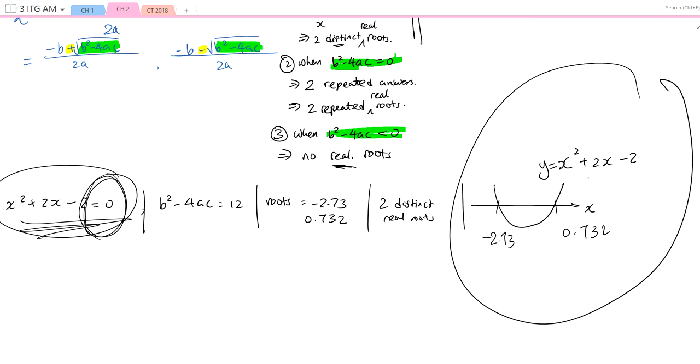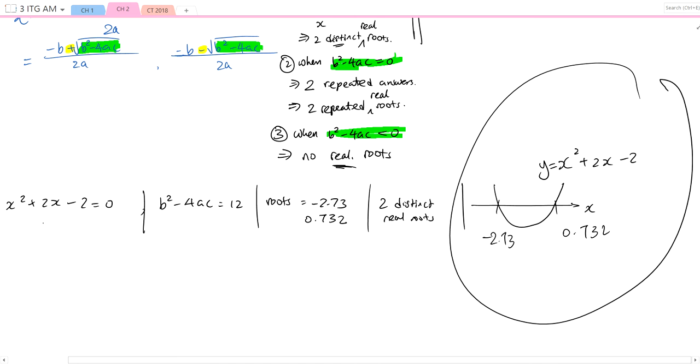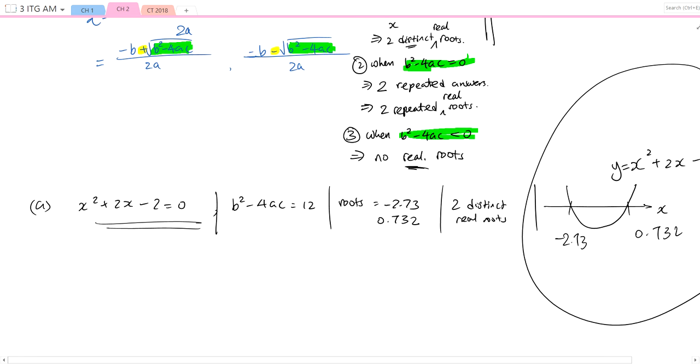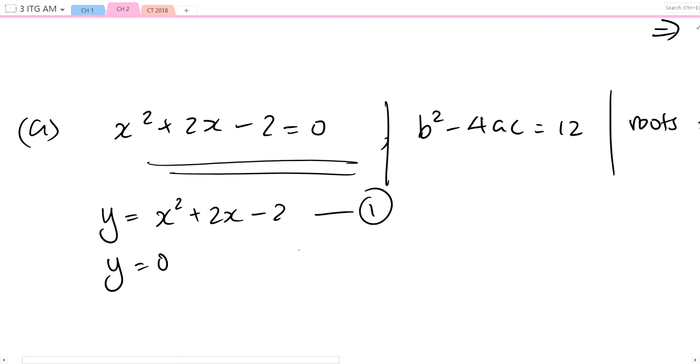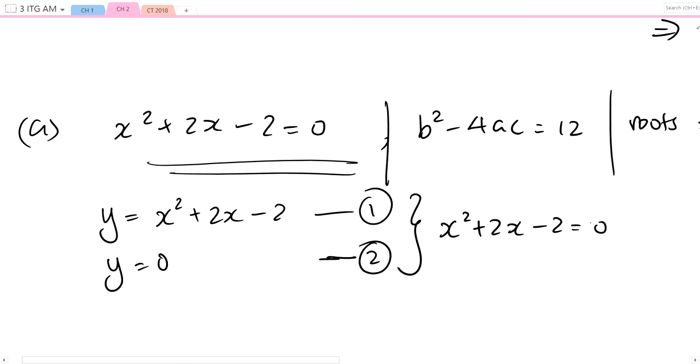Can you imagine if I ask you to solve this, solve that this is equal to 0? Yeah, I can do it graphically. I'll sketch y equals x squared plus 2x minus 2, and this is my equation number 1. Equation number 2 will be y equals 0. If I were to solve these two simultaneously, wouldn't I get x squared plus 2x minus 2 equals 0?